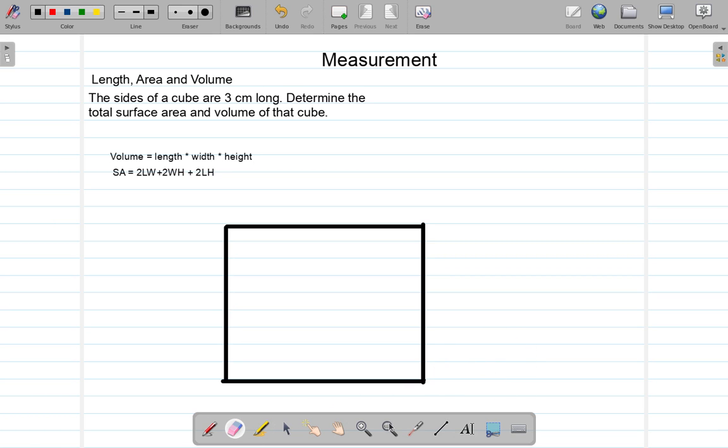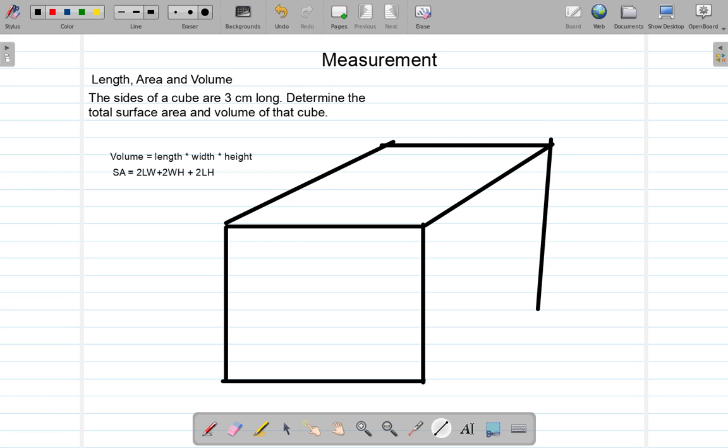Alright, so this is the face of our cube. Remember, each side is 3 centimeters. Even though this is not drawn to scale, let's pretend as if each side is 3 centimeters. Okay, so there we have our cube.